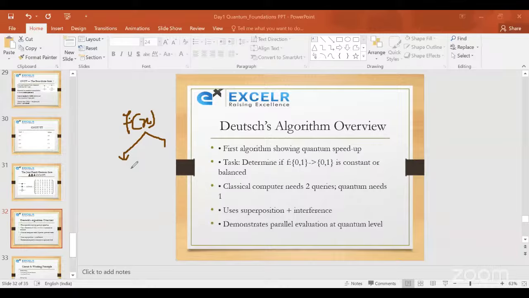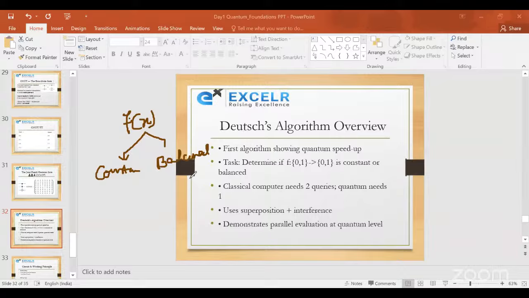It is not that only two natures exist, but for this problem, any function may have more natures, but we are checking only between these two possibilities. Any function is either a constant function or a balanced function.